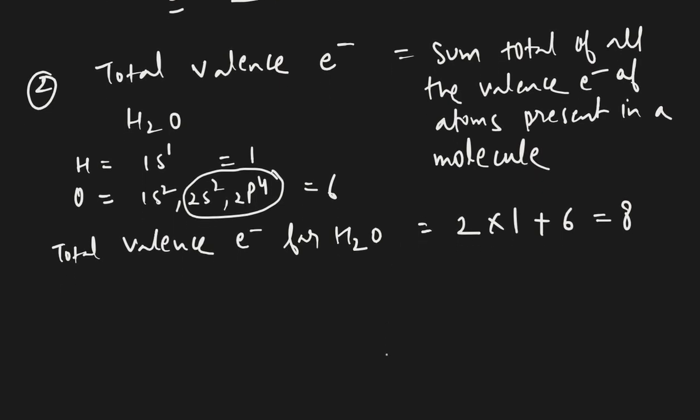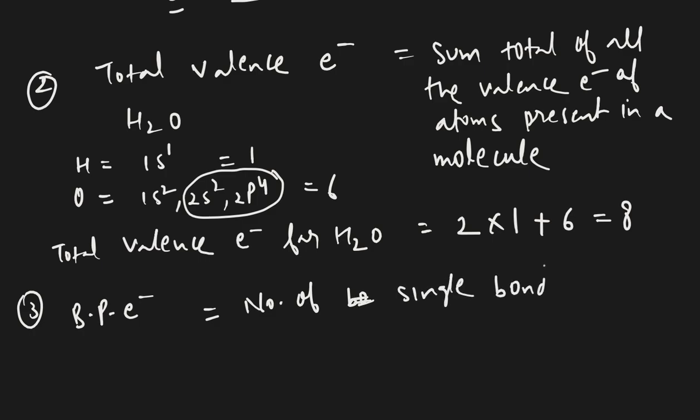What about the third term, bond pair electron? Bond pair electron means the number of single bonds multiplied by 2. If again I take the example of water, and I draw something like this, please don't go by the shape, as the Lewis structure never talks about the shape, it only talks about the structure.